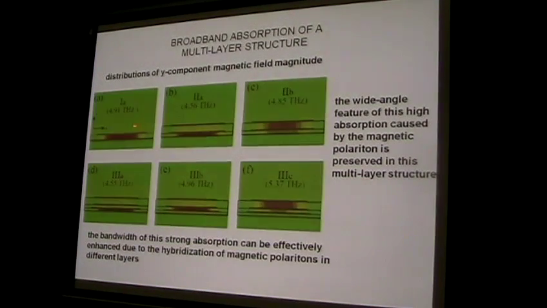distribution is oscillating. Here, a magnetic polariton is formed in this region. If you look at the second frequency peak, if you only have 2 layers, you see 2 magnetic polaritons formed. One is at the bottom pair, the second at the first 2 pairs.